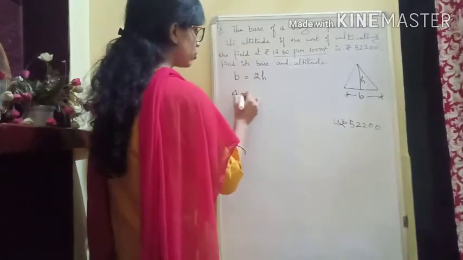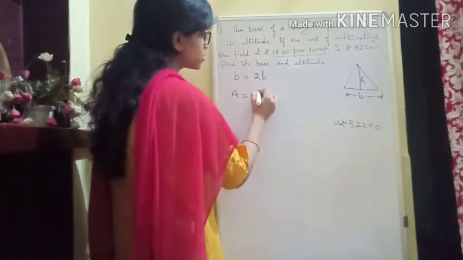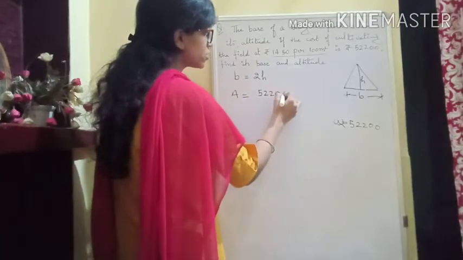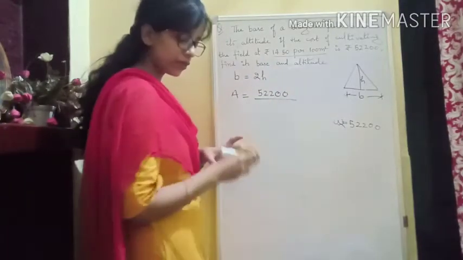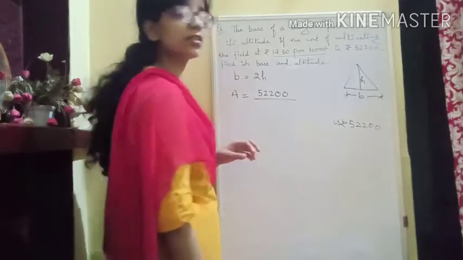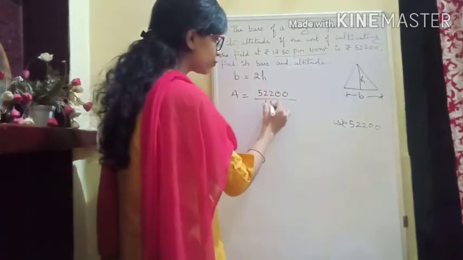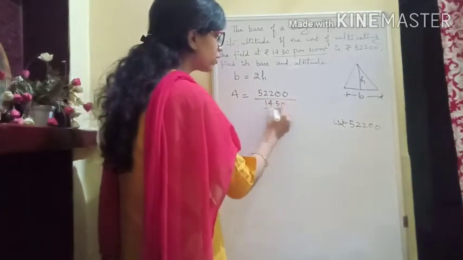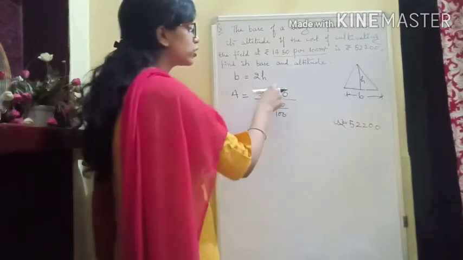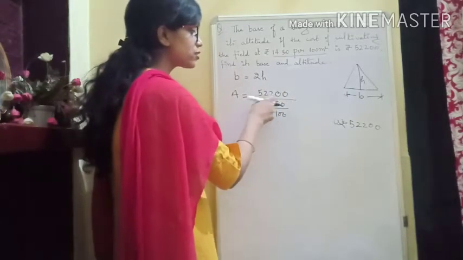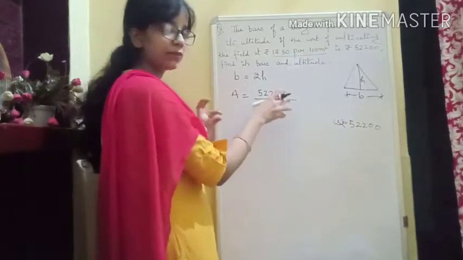The area would be the total money I am giving, 52200, divided by the cost per meter square. Just now we have calculated, it is 14.50 divided by 100.